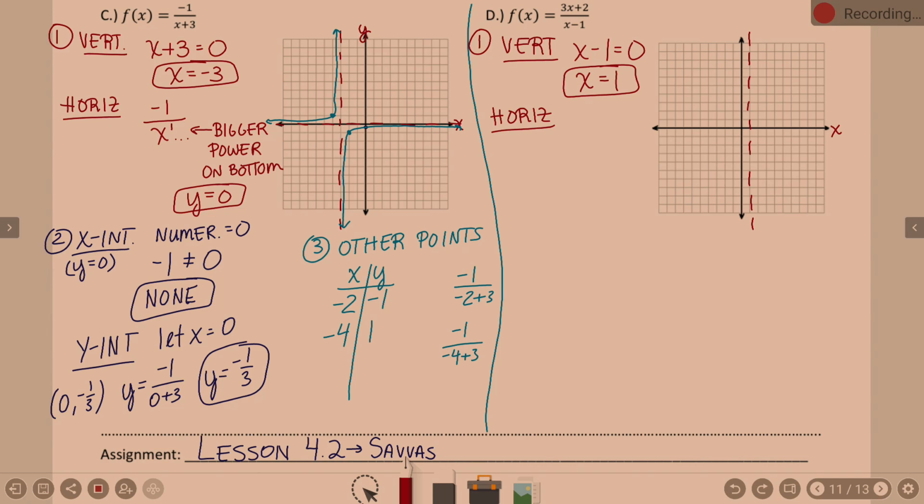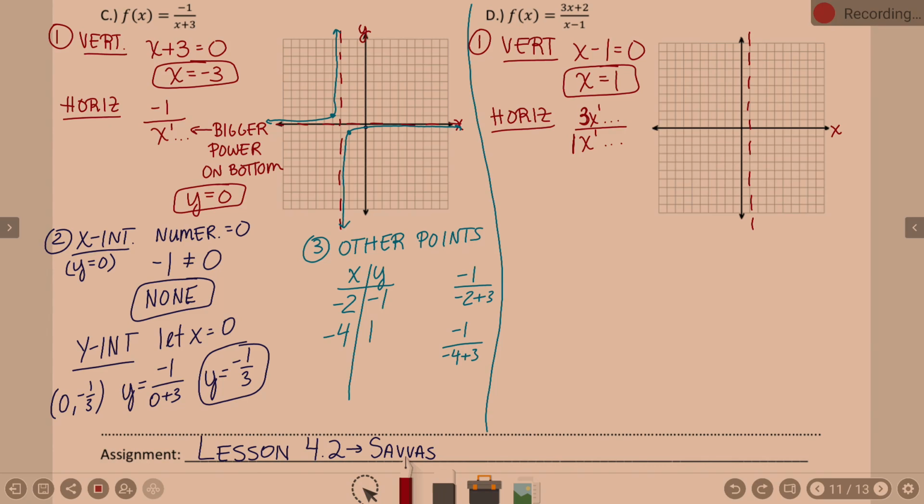Horizontal asymptote. 3x plus 2 over x minus 1. Okay, biggest power on top is the 3x to the first. Biggest power on bottom is x to the first. Like a lot of our examples have been, when the powers match, use the leading coefficients.